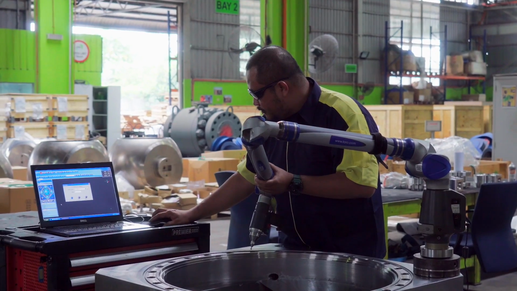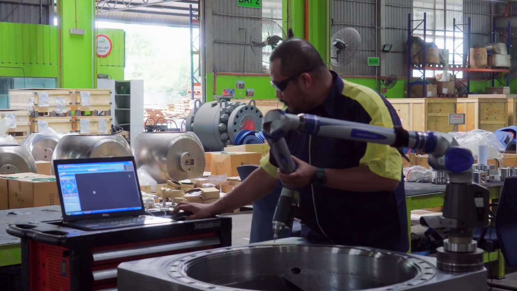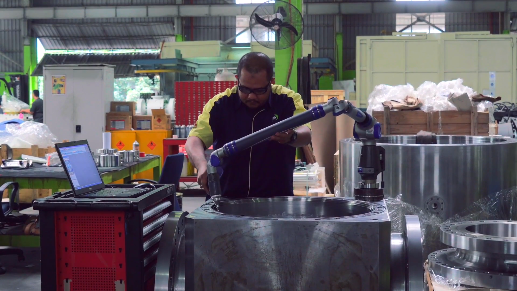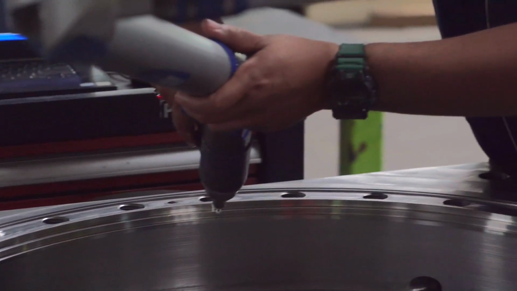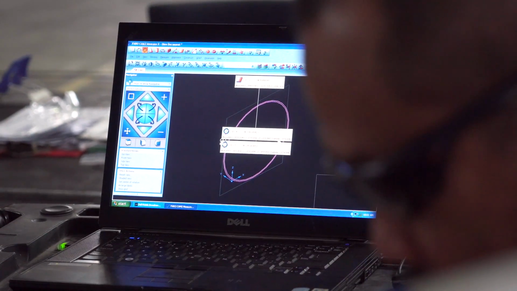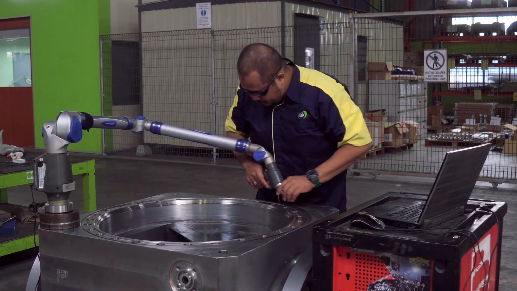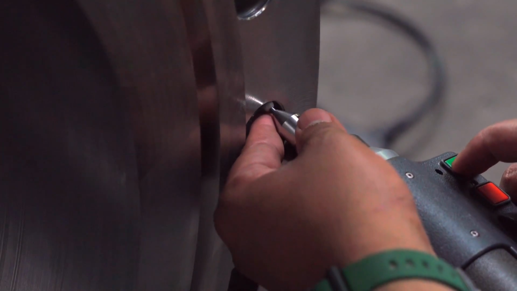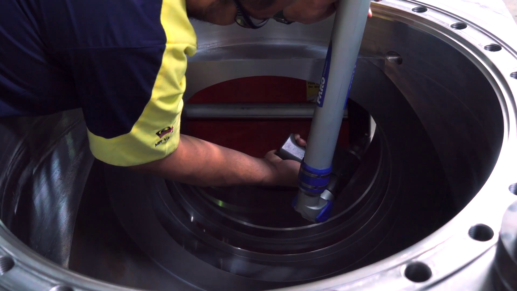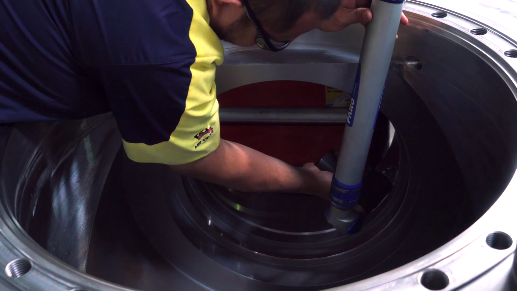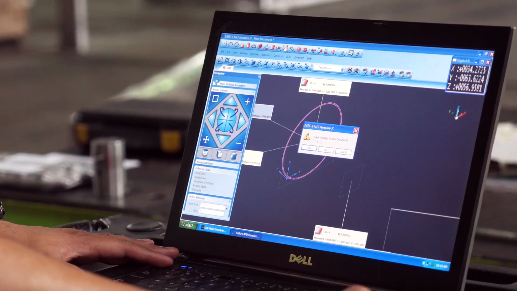For the inspection on this particular body, we are using a Faro arm, which is basically a portable coordinate measuring machine. The reason we use the coordinate measuring machine instead of standard instruments like vernier calipers and micrometers is for the repeatability, accuracy, and the checking and relationship of dimensions.